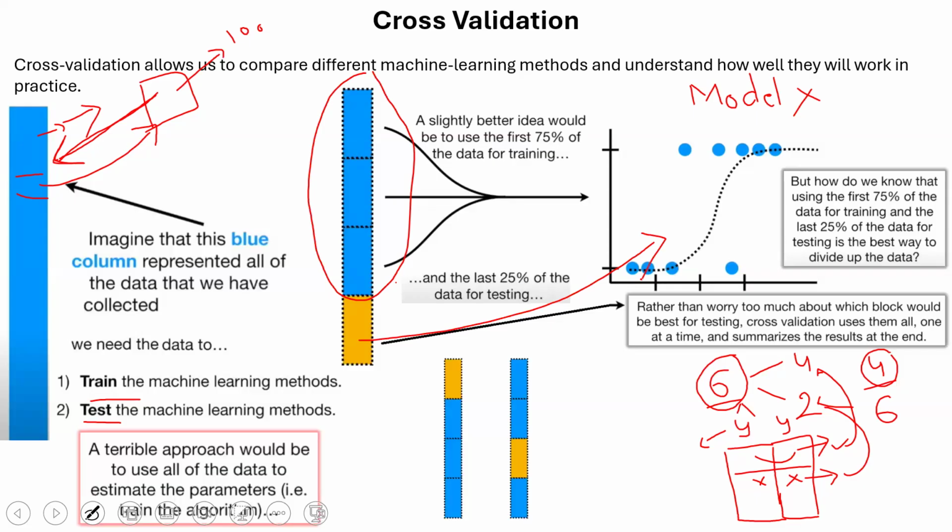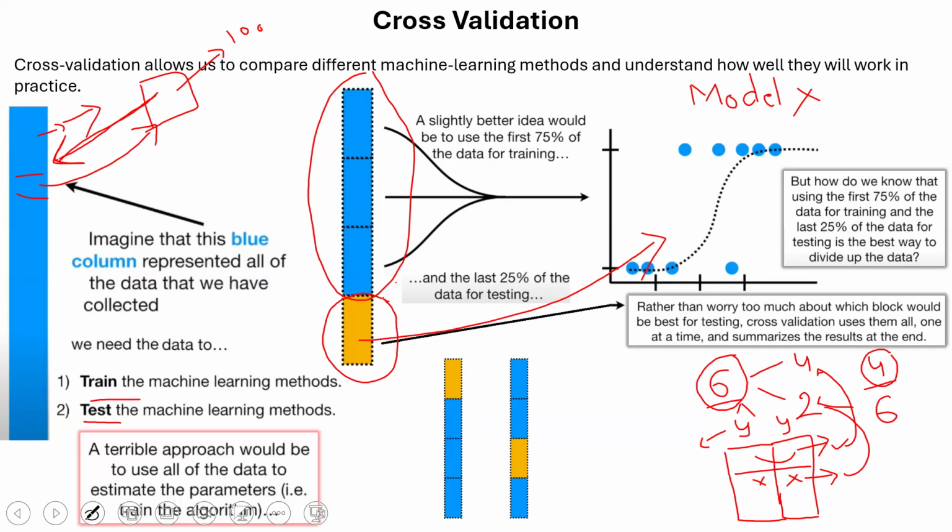But the question here is, that is good. We have used some part of the data in the given data set to train the model, and some part of the data to test the model. But how do we know that using the first 75% of the data for training and the last 25% for testing is the best way to split the data?